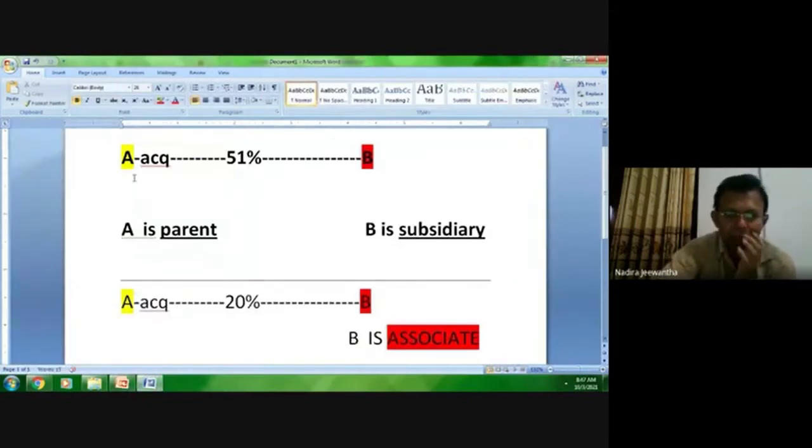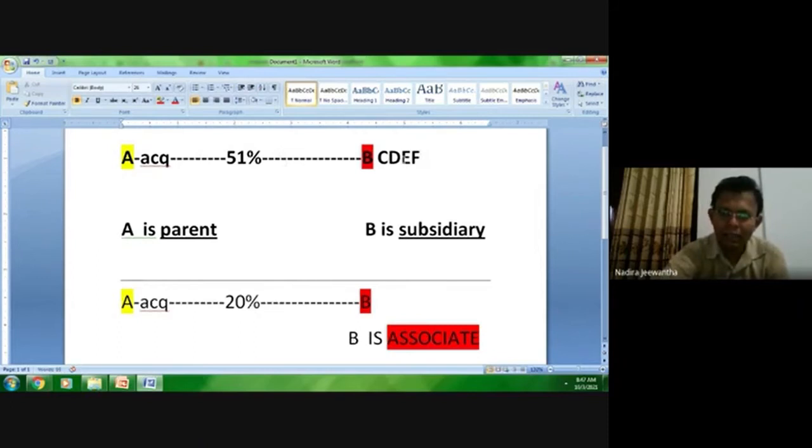Now, A acquires 51% of B. That is a direct acquisition. Now listen to this. Can company A acquire more companies? Say there are companies C, D, E, F. Can A acquire them if company A has money?